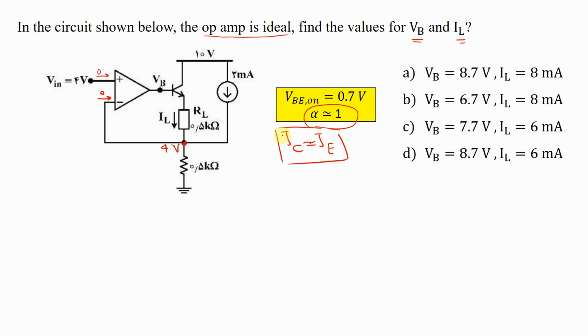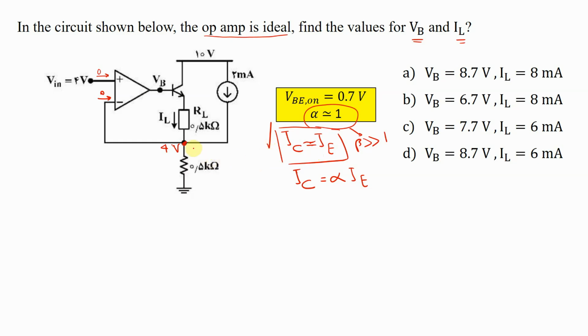In other words, you can say this beta is much higher than 1. Because the real relationship between IC and IE is this one: IC equals alpha times IE. And if alpha is approximately 1, then the collector and emitter currents are equal.